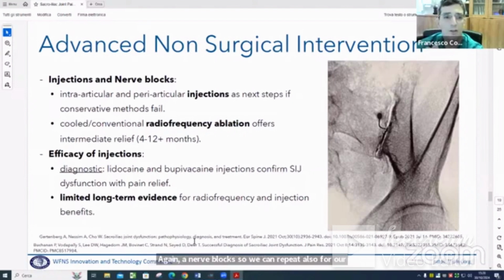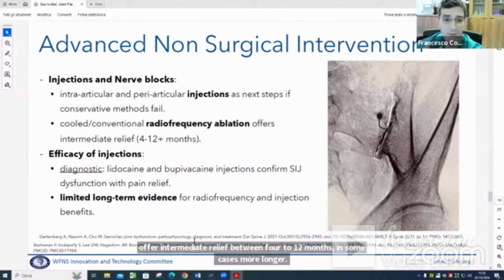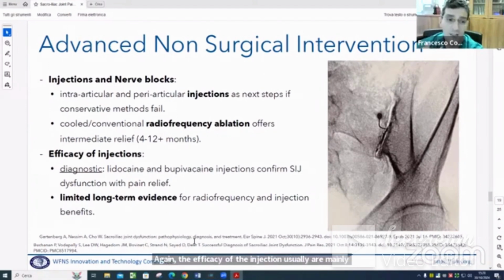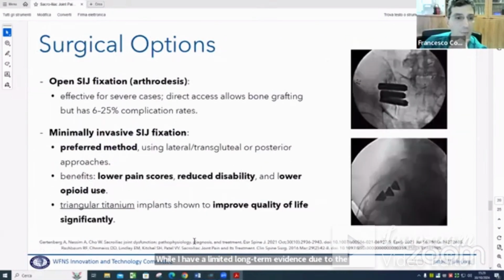Advanced non-surgical interventions consider injections again and nerve blocks, so we can also repeat them from a therapeutic point of view. In order to have a longer effect, there is also the role of radiofrequency ablation that can offer intermediate relief between 4 to 12 months, in some cases longer. Again, the injections are usually mainly for diagnostic testing, while they have limited long-term evidence due to the widespread of the drugs.